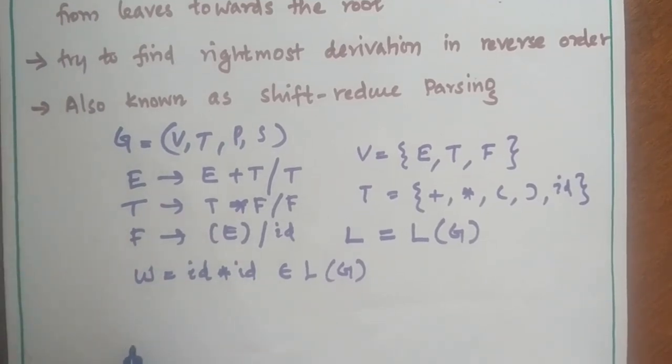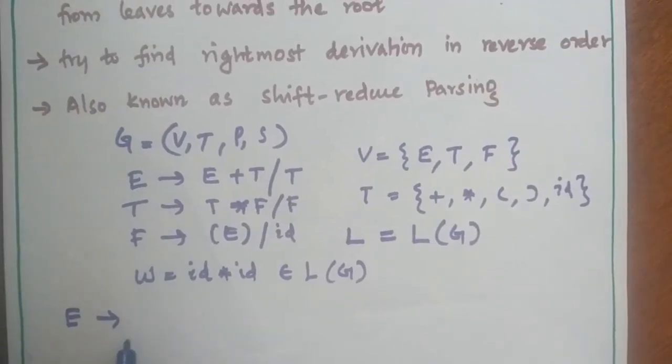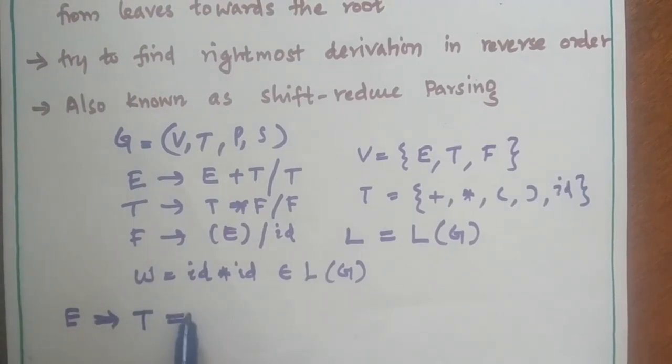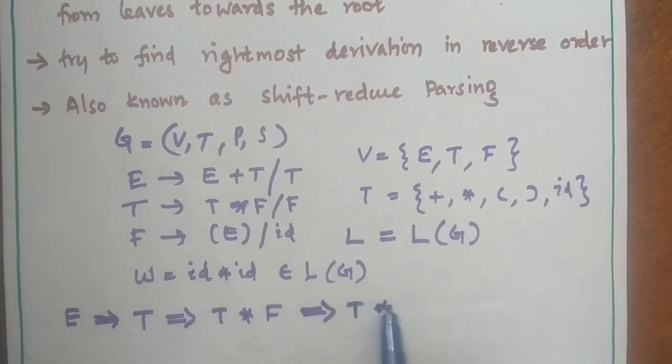How can we construct the rightmost derivation? In a rightmost derivation, it will start from the start symbol. So E derives T, T derives T star F, and here the rightmost non-terminal is F, so I will expand F to ID: T star ID.